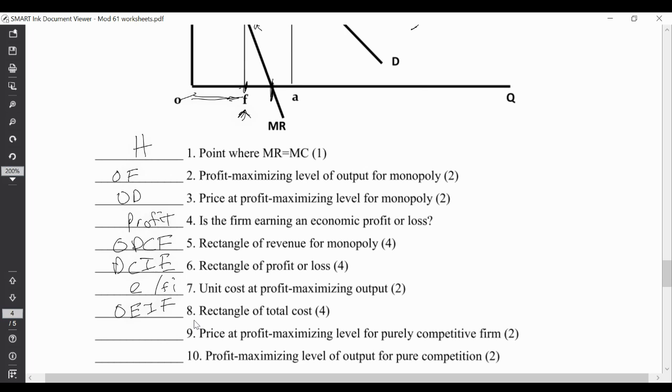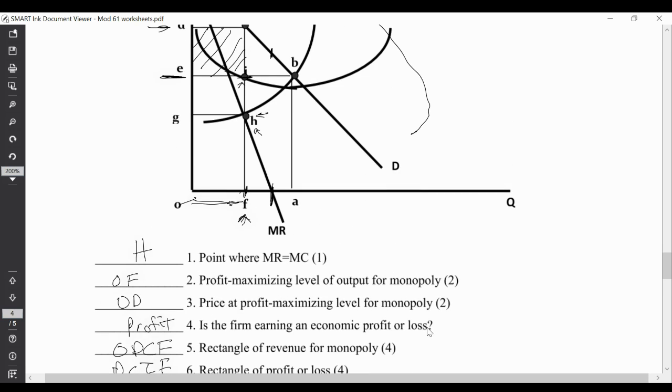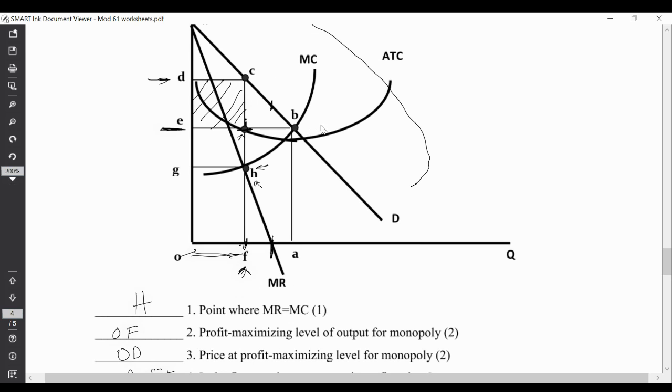Now if this was a purely competitive market, they would essentially be producing in a perfectly competitive market here at point B. Because in a perfectly competitive market, the demand curve is the marginal revenue curve.